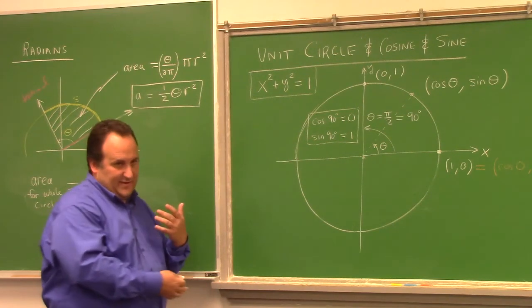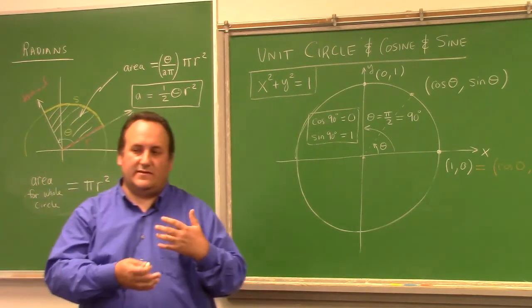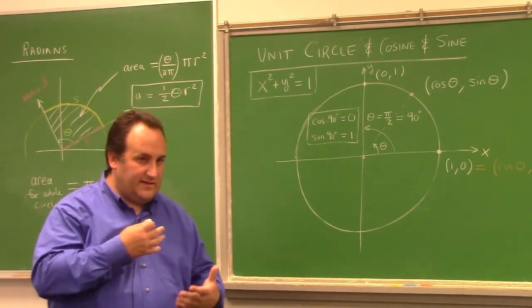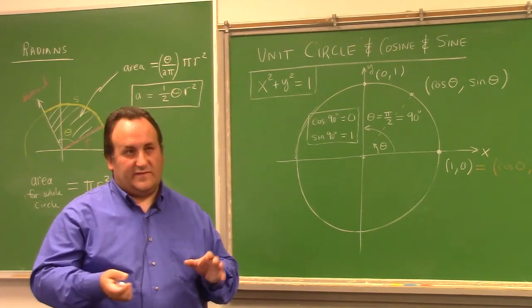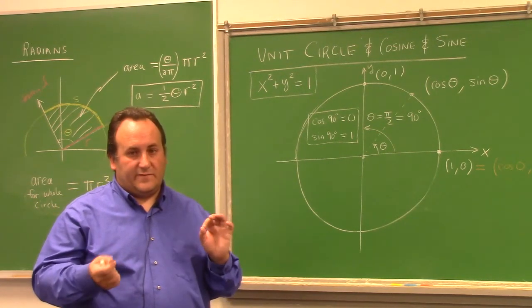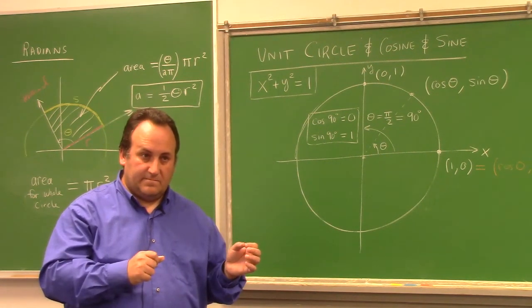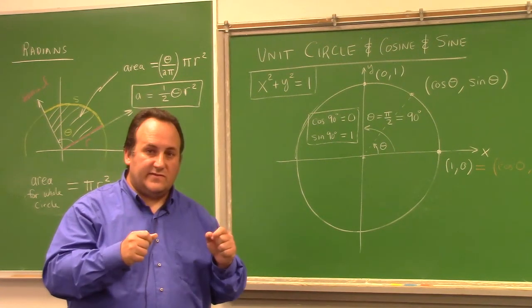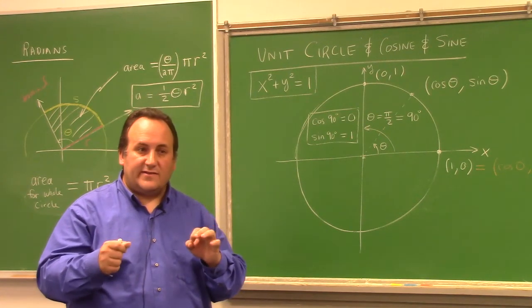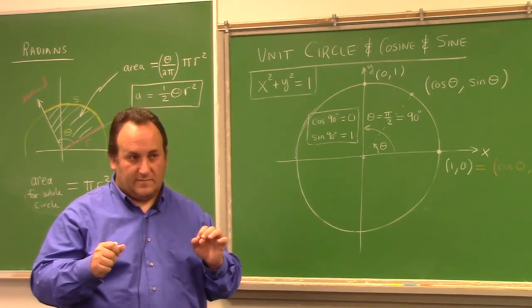I do have to admit, the notation here is a little bit dangerous in the sense that there are different functions for degrees and radians. Cosine in degrees and cosine in radians are different functions.